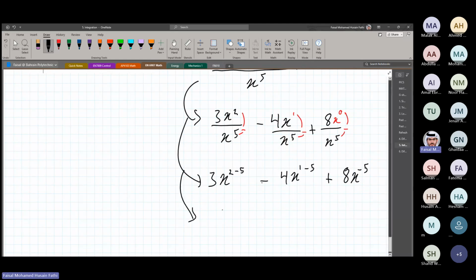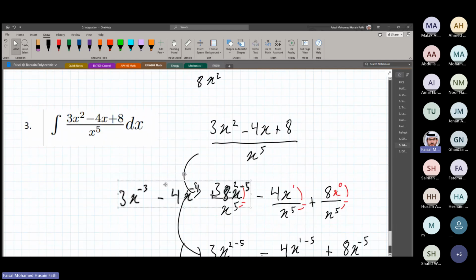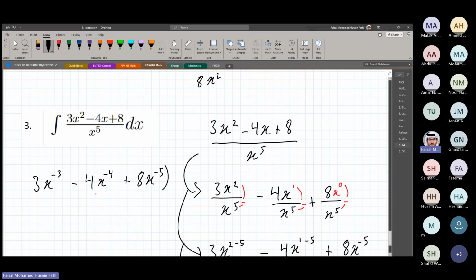Further simplifying, we will get 3x^(-3) minus 4x^(-4) plus 8x^(-5). And that's it. Now you can easily integrate this equation. Super easy. So we just simplified it algebraically. As you see, we did not use any calculus in this matter.